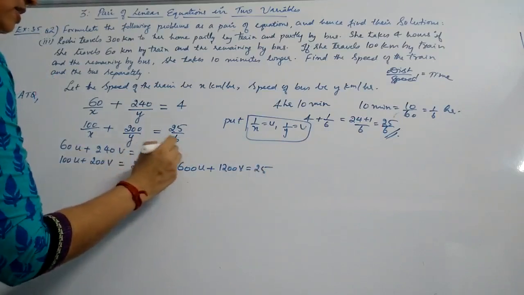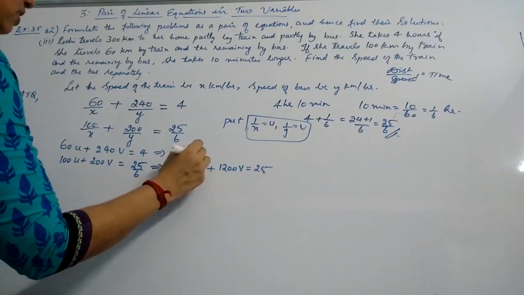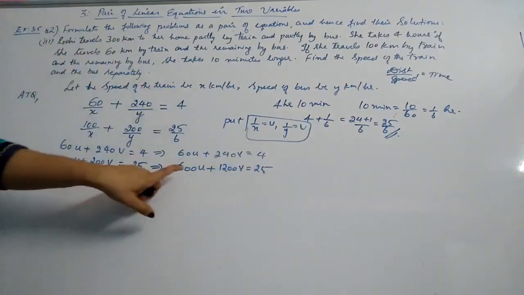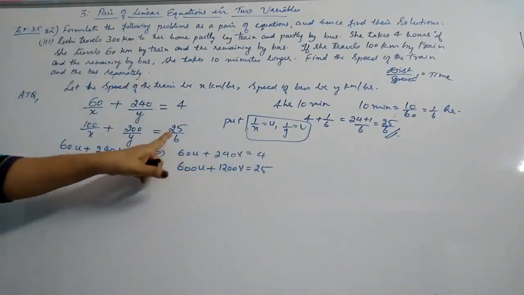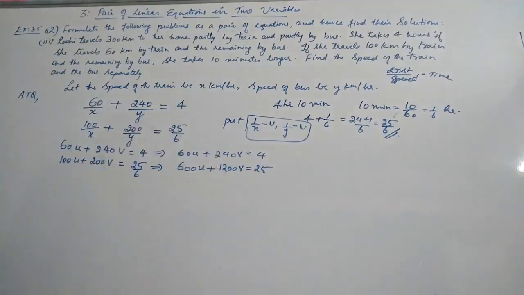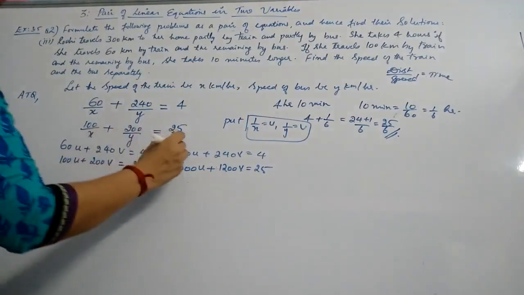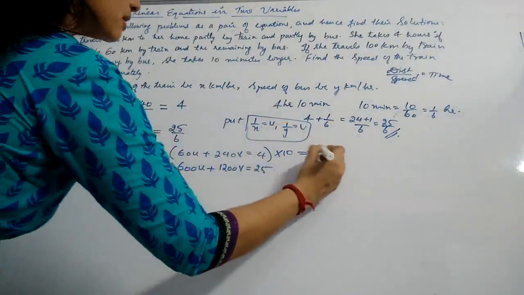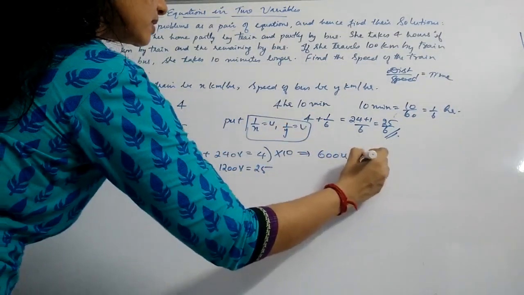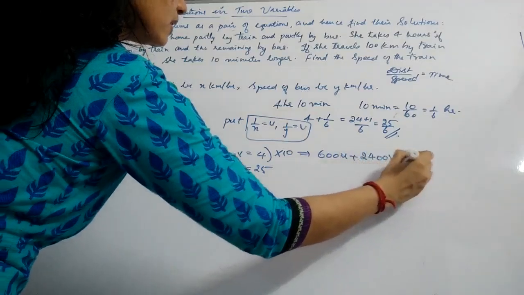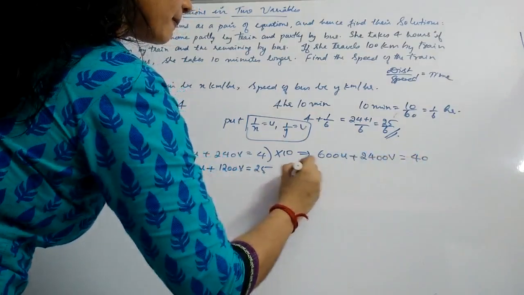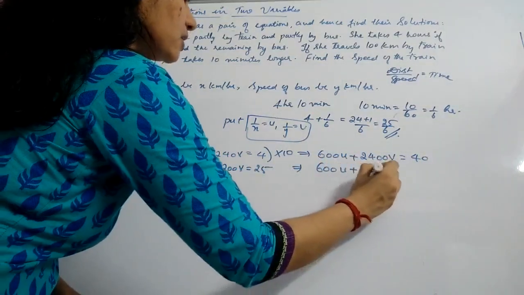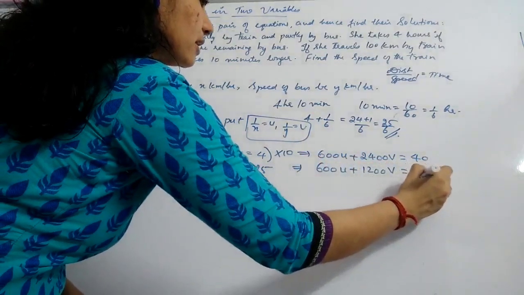Okay, I am just planning to use, this is your 60u plus 240v is equal to 4, right? Now here you have 600 and this is 60, means I am just multiplying first this equation with 10. Multiply this total equation with 10 so that the equation becomes 600u plus 2400v is equal to 40, and this is as such, which is 600u plus 1200v is equal to 25.